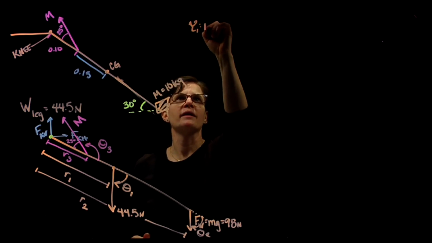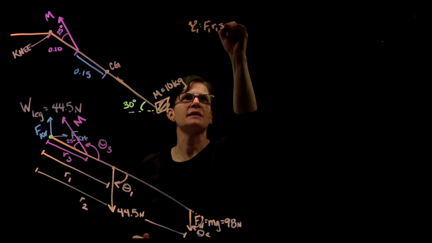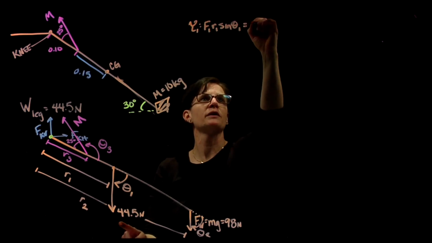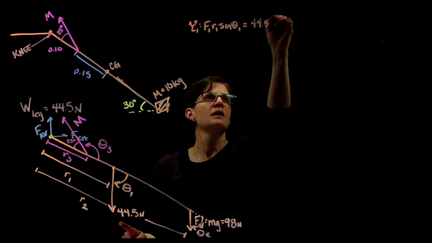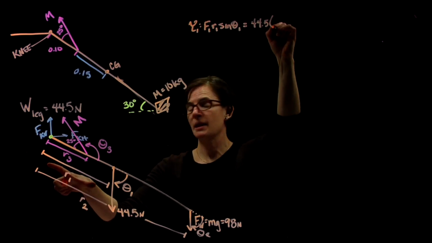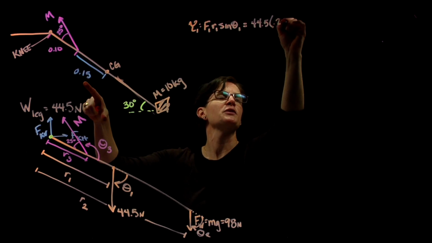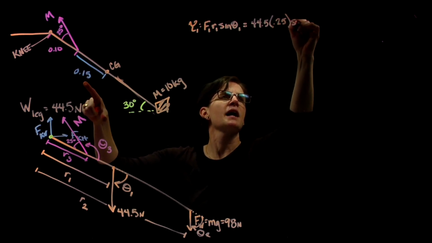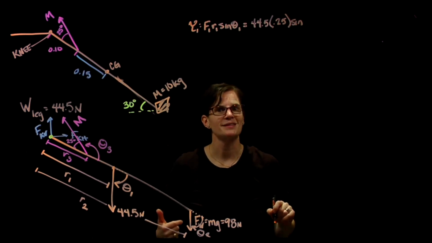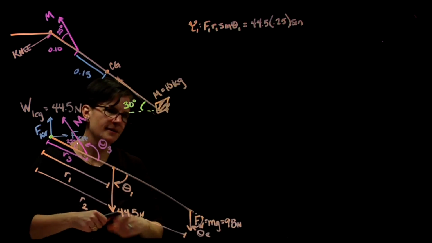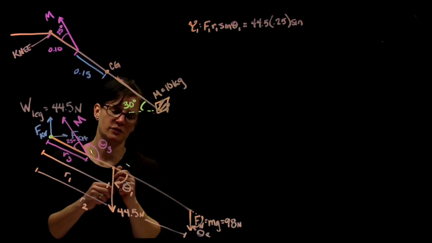Torque for force 1 is going to be the force times the radius times the sine of the angle. My force is 44.5. My radius, I'm told it's 0.1 and an additional 0.15, so 0.25, times the sine of the angle. So what's the angle? I know that this angle is 30 degrees.